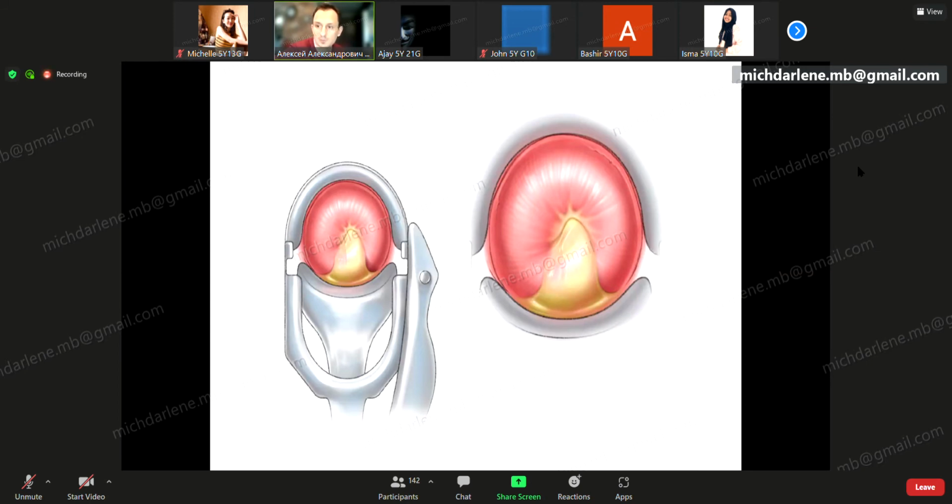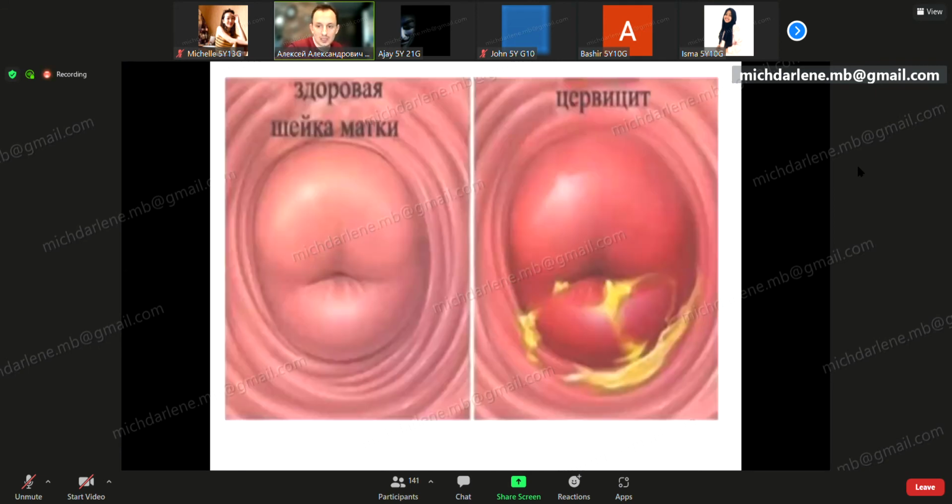She will be without pain syndrome because the cervix is a part of the female organism without pain receptors. It will be without pressure sensation. But discharge will be, and it will be the one complaint that can occur if the female has cervicitis. One more time: normal vaginal part of the cervix, abnormal with discharge at the surface.